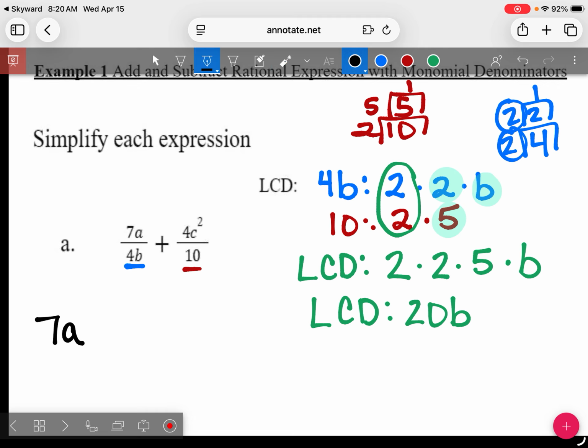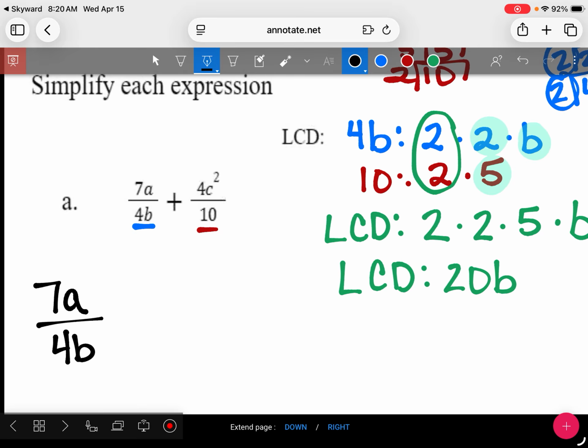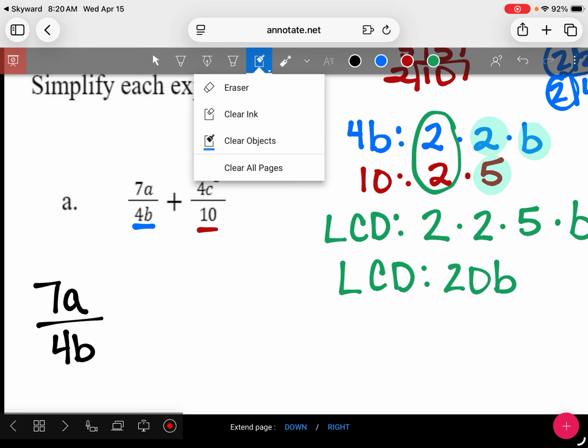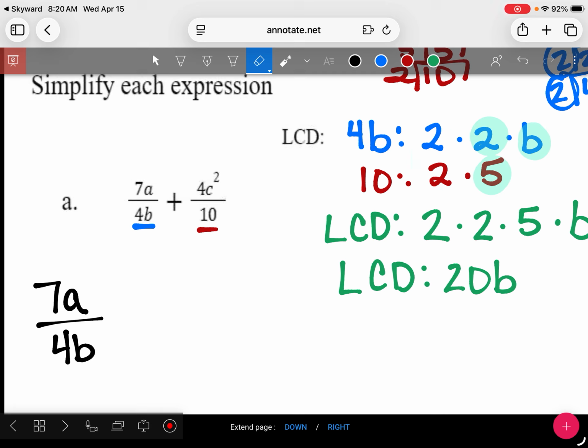So let's take our first fraction. I want you to look at what we wrote in the beginning here. What did I write down here in green? What number or letter is written in green that I don't have in blue?